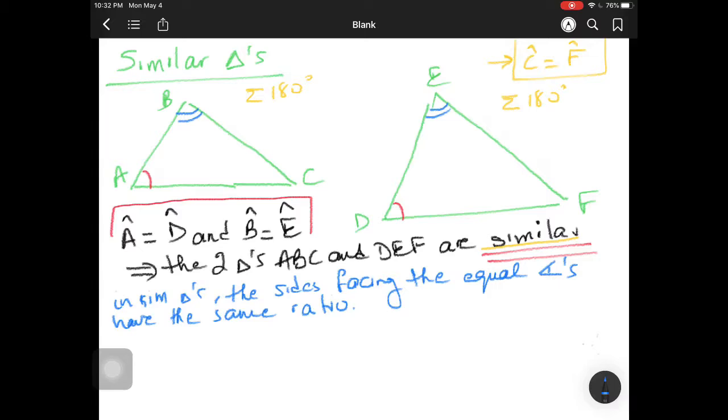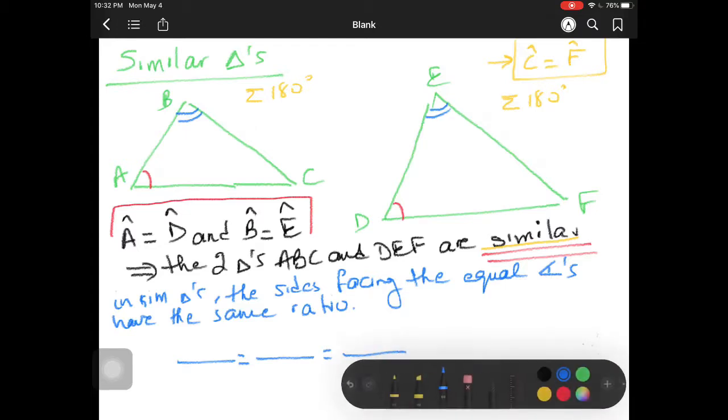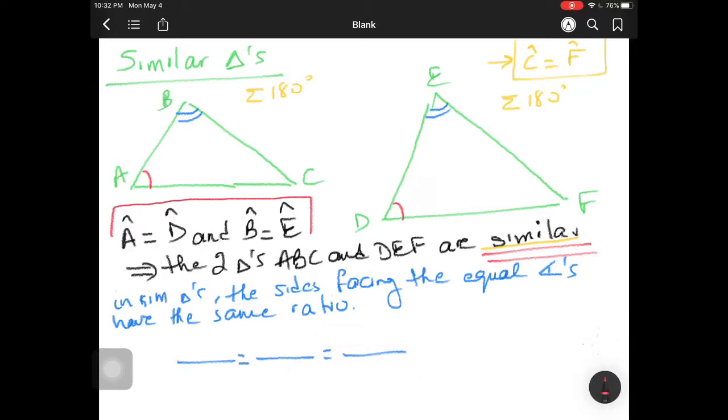Of course, you know what a ratio is. Now, how do I write these sides? For the first triangle, you can write them in any order that you like. For example, you can write EF, DF, and DE.